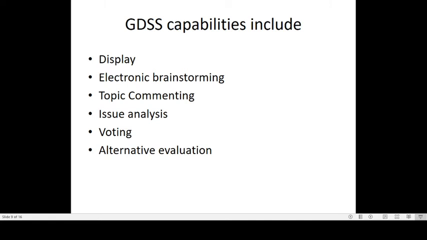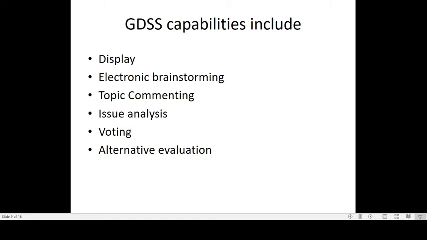So when they are interacting, the participants can give their comments electronically. Topic commenting, the third one: participants add comments to the ideas suggested by others. So when others are suggesting, the participants will have a choice of commenting on the ideas presented by others.